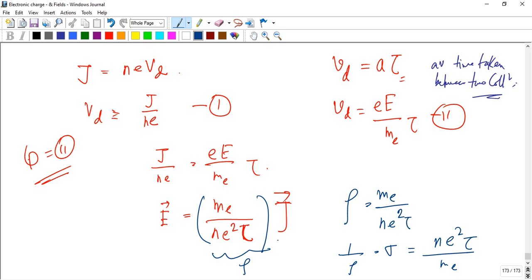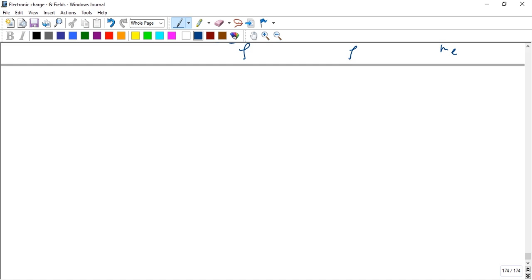Now, another and last topic we will discuss is mobility. Mobility is a very important quantity. Mobility mu is equal to the drift velocity v_d divided by the electric field.